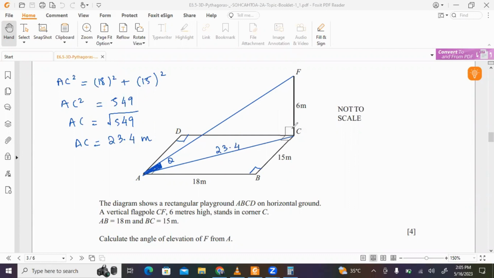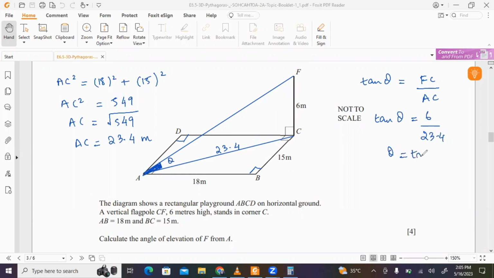Now we have to calculate the angle. So AC acts as the adjacent and FC acts as the opposite, which means we can use tangent. Tan theta equals FC over AC. FC is 6, AC is 23.4.